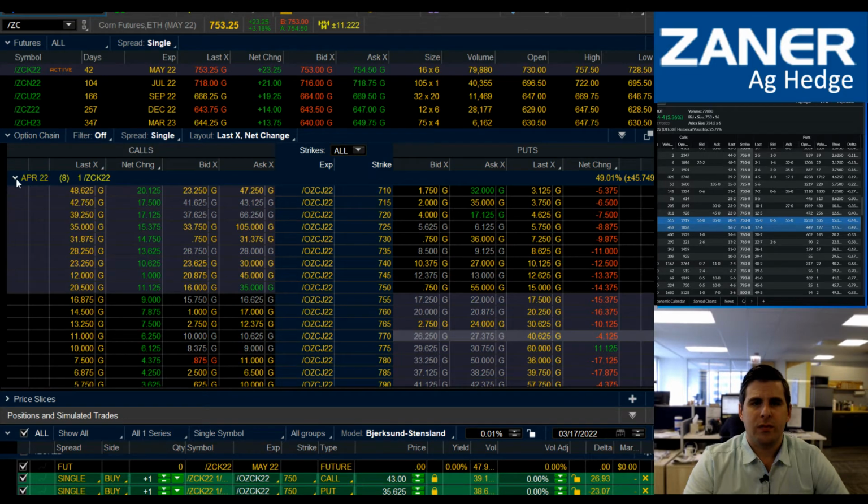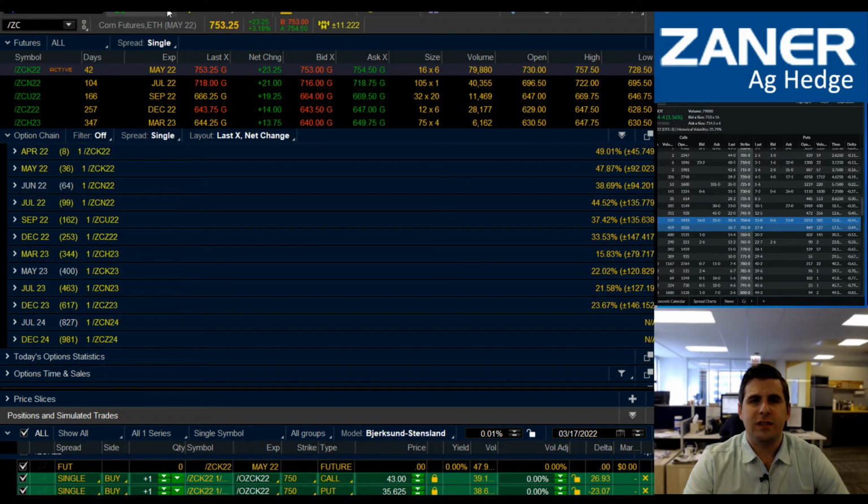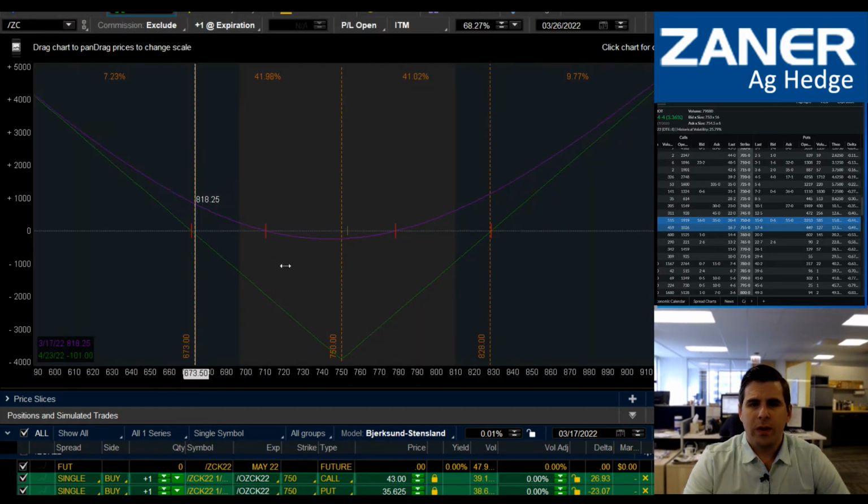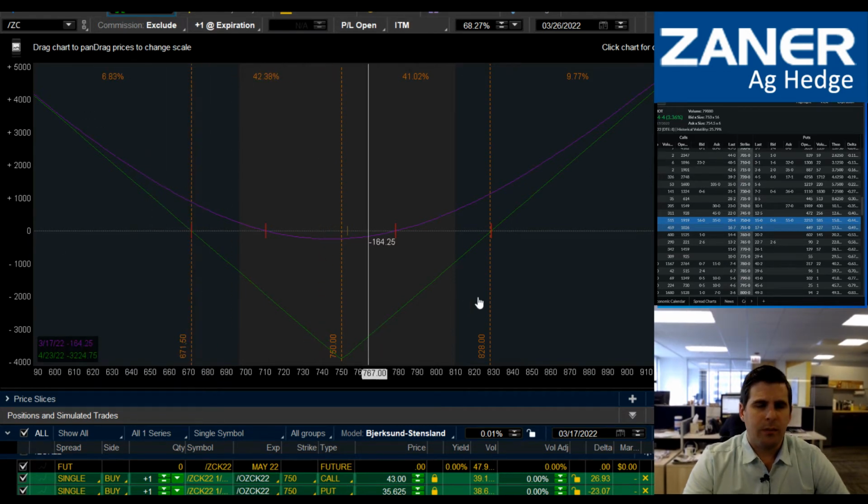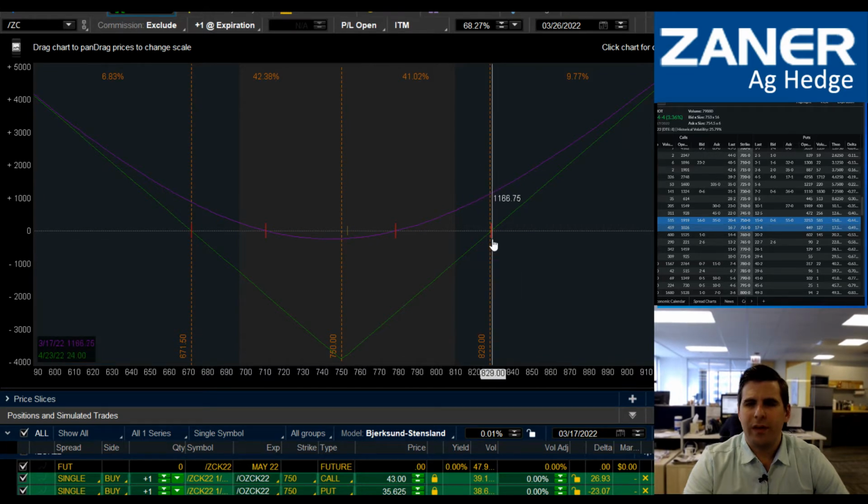We have, for May, 36 days left on it. We need to get above the break-even threshold now. You can see here where it crosses the zero threshold. We've got to get below 671 or above 830. Very obtainable, but a long way off.